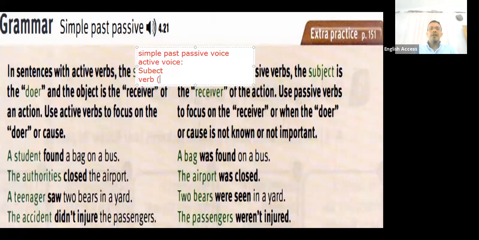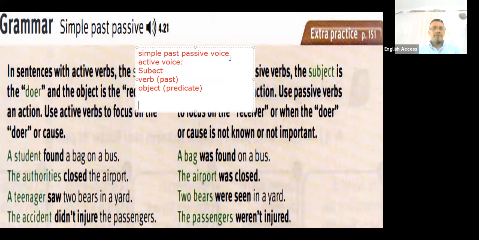In this case, we are talking about past tense, right? We have an object. So remember, to convert an active voice into a passive, we need an object. An object is included in the predicate. So we need an object. This is just a little reminder.